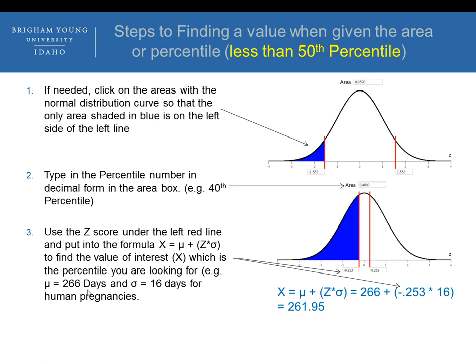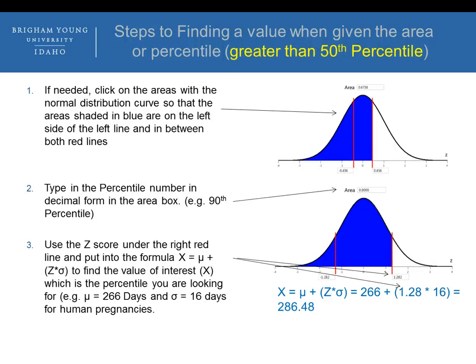So if we had a mean of 266 days for pregnancies and a standard deviation of 16, we'd plug these numbers into this formula, and then plug in the z-score we got from the applet to get the 40th percentile, which is 261.95. Remember, this represents the 40th percentile of the length of a human pregnancy. That means that at about 262 days, that's a longer pregnancy than 40% of all other pregnancies, but a shorter pregnancy than 60% of all pregnancies.